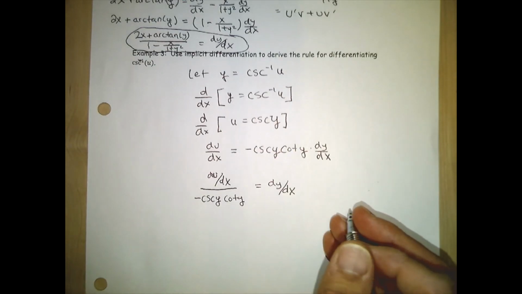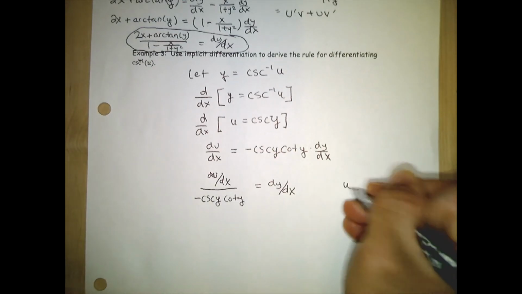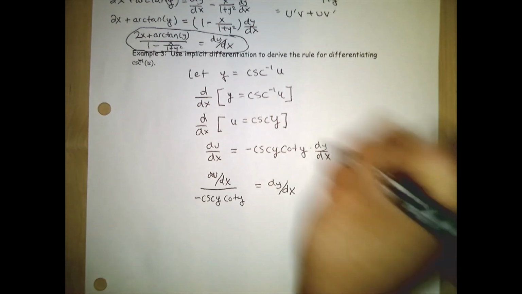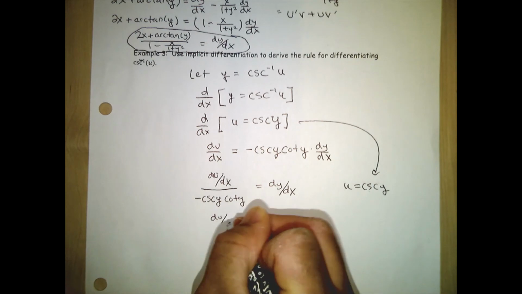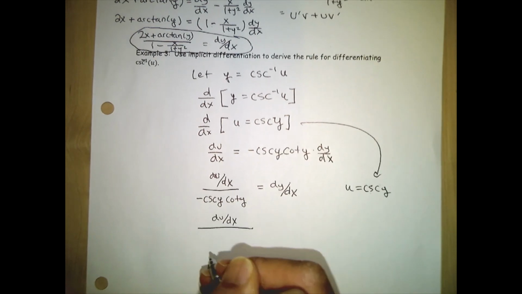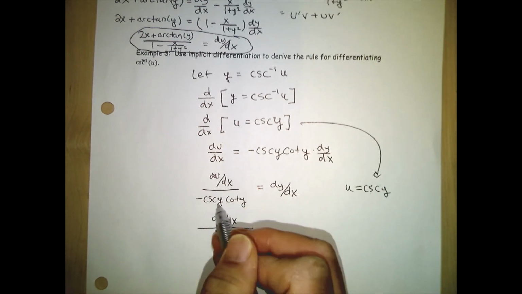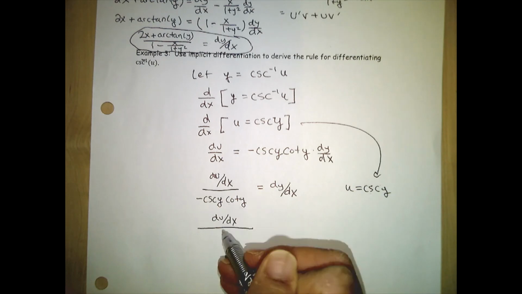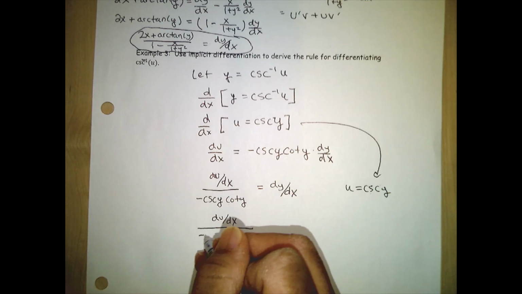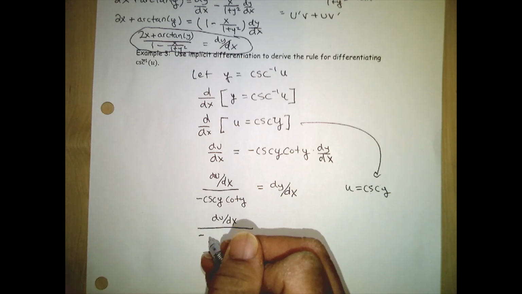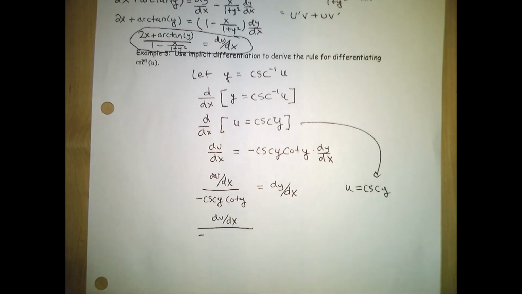And then remember that u was cosecant of y, so that means that du dx over negative cosecant of y, cotangent of y, becomes du dx over negative. And by the way, how would you figure out what the cotangent of y is?